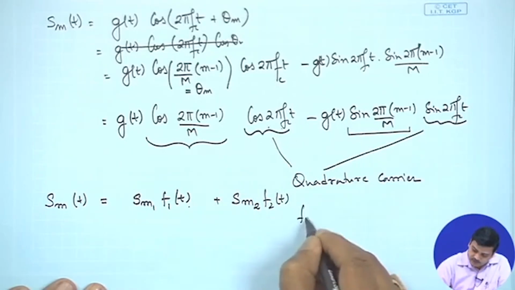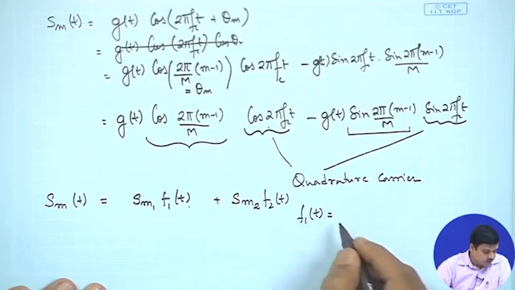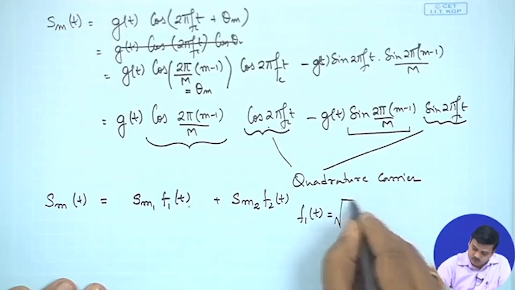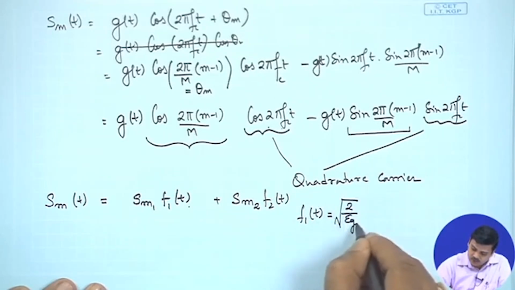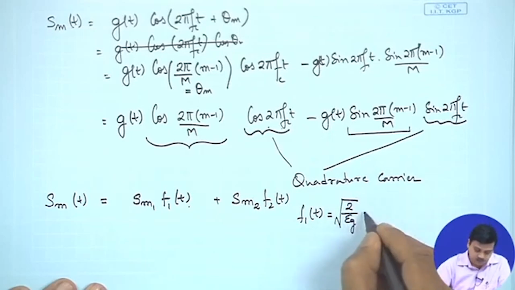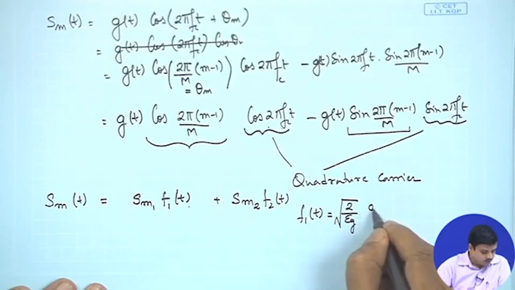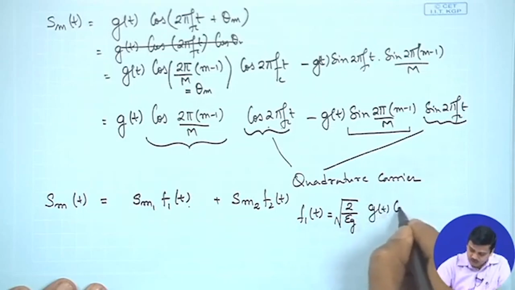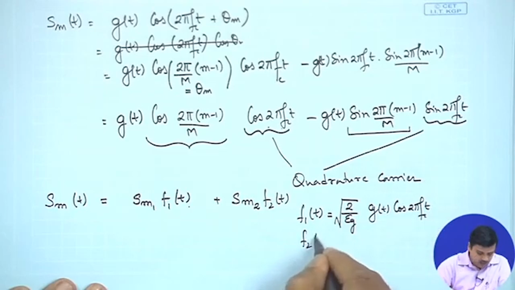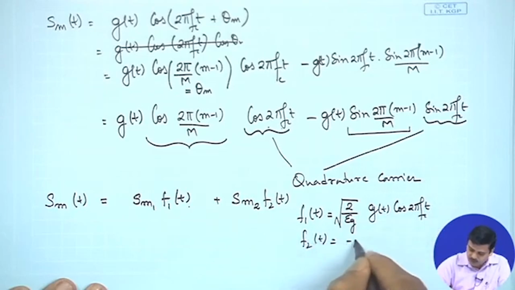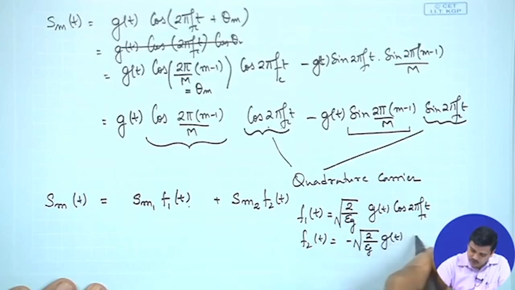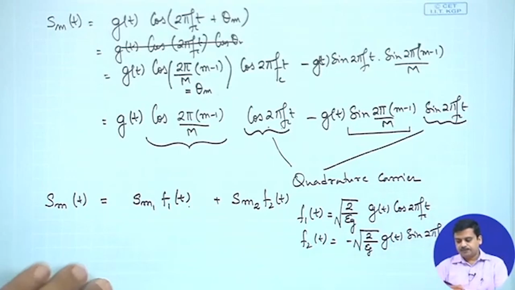We could say f 1 of t is equal to root over 2 upon E g, where E g is the energy of the pulse, times g t cos 2 pi f c t, and f 2 of t is equal to minus root over 2 upon E g g t sin 2 pi f c t.